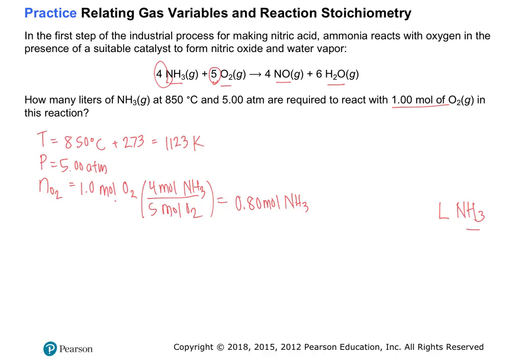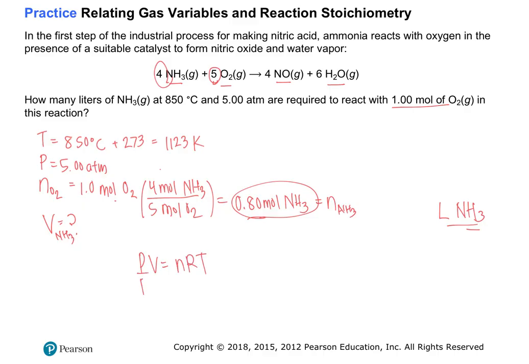All right, now that we have the moles of ammonia, we can find the volume. We can use the ideal gas law. We know n of NH3. We know pressure and temperature, so we can find the volume of ammonia, which is what we are searching for. So I could do PV equals nRT.